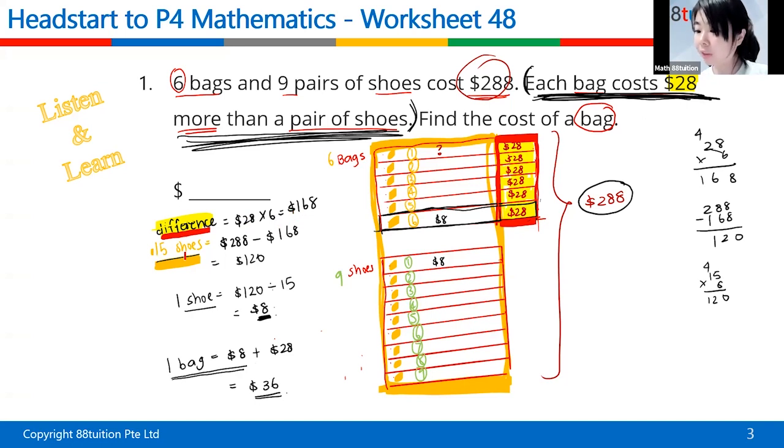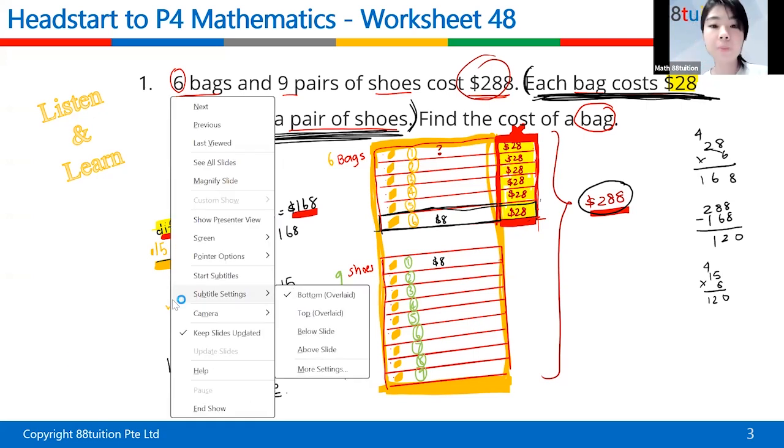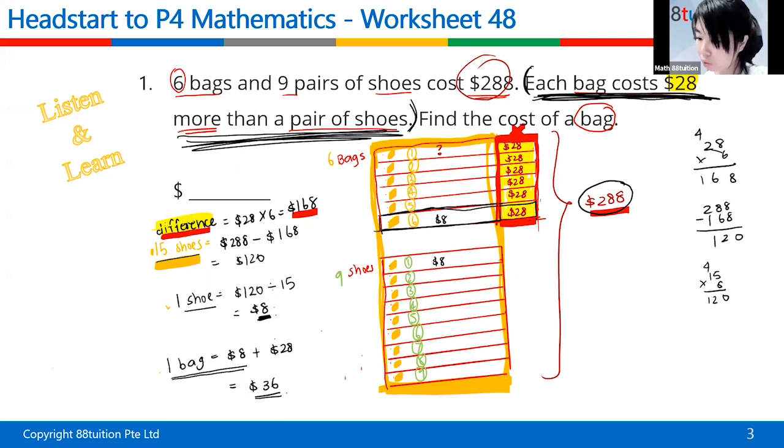To find the 15 shoes, I need to take the total amount minus this extra 28 times 6, which is 168. Are you following? So now I have 15 shoes. I can straight away find the cost of one shoe.